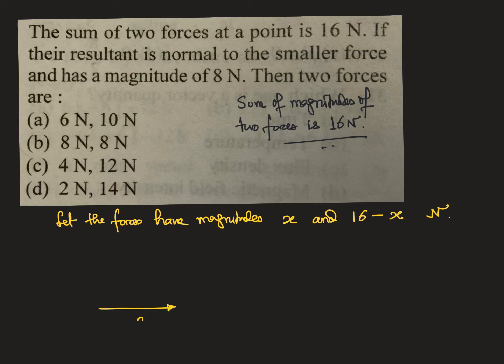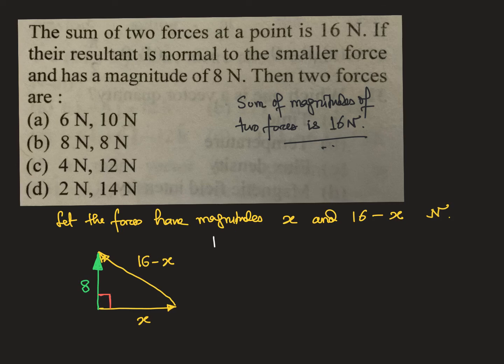Say x is the smaller of the two forces, then this will be 16 minus x, and this resultant has magnitude of 8 Newton. This is the diagram, right? It's given. Suppose x is the smaller of the two forces, 16 minus x is the larger. So this will be the diagram. They have to form a right angle triangle.